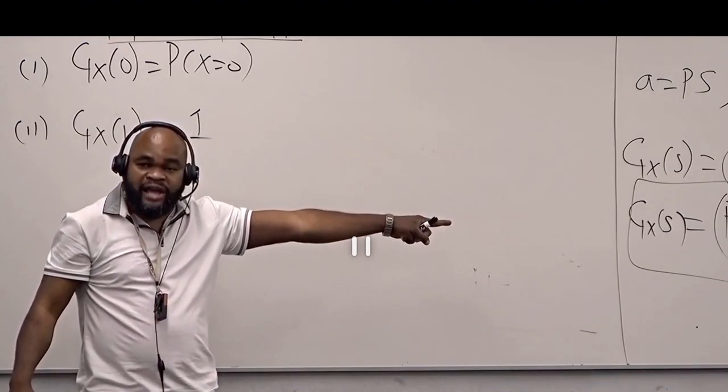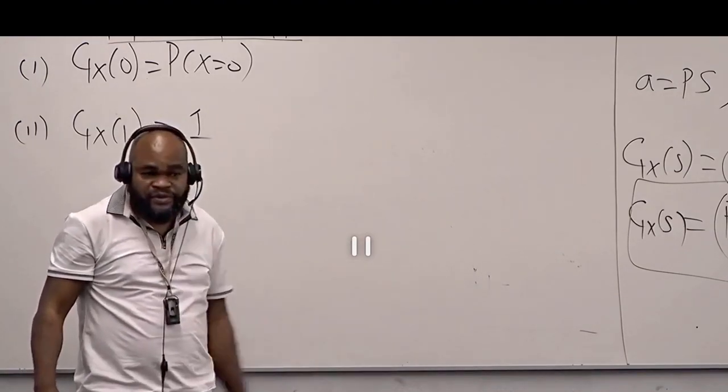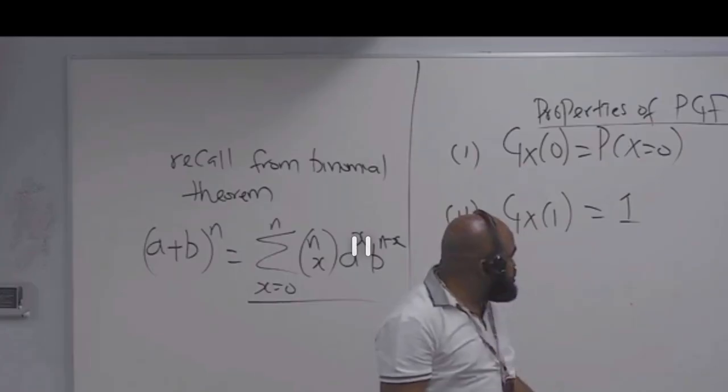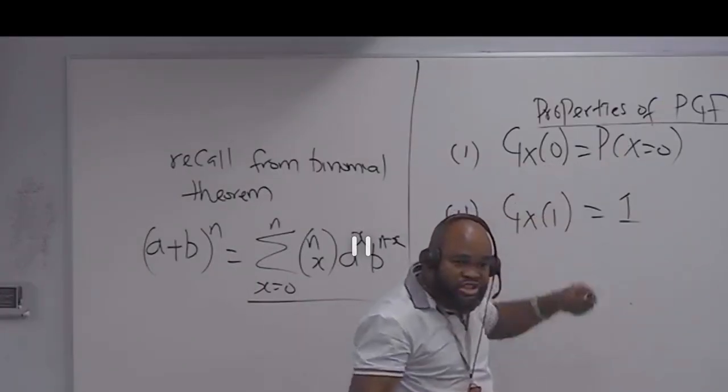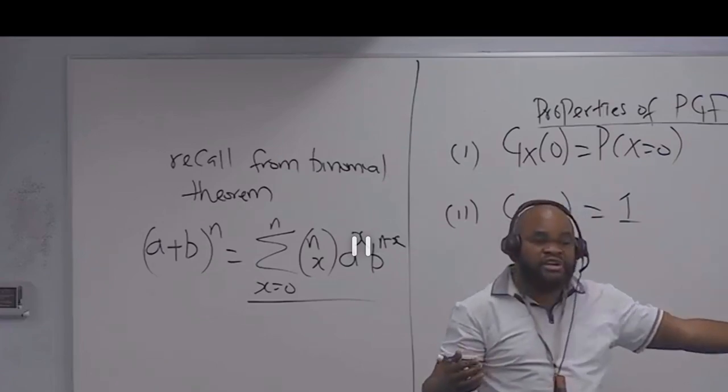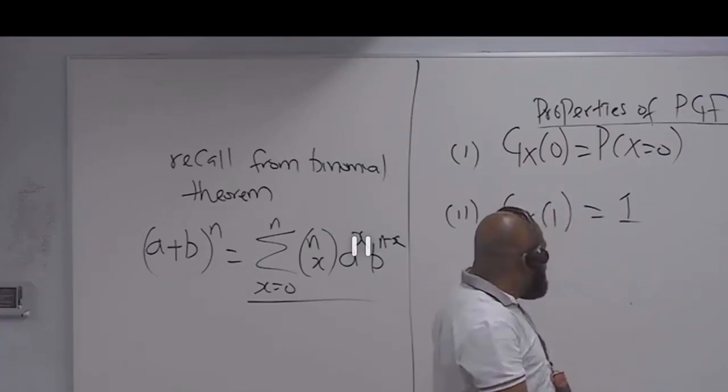Whenever you derive the probability generating function from a particular discrete distribution, you need to investigate this to see whether your expression for the PGF is correct. Now, let us investigate for that.